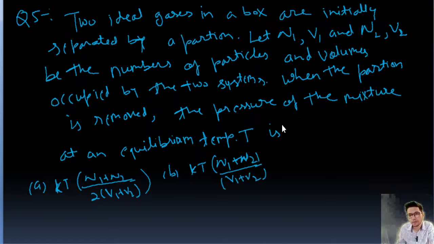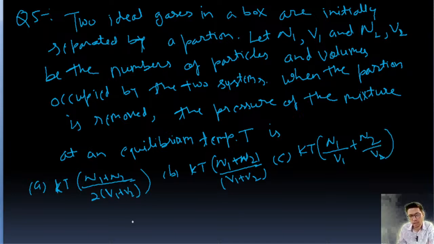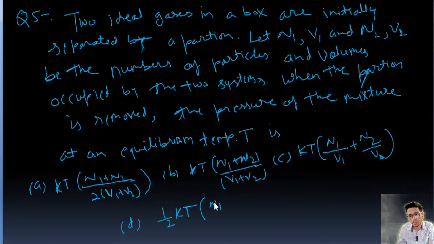Option C is KT into N1 upon V1 plus N2 upon V2, and option D is half KT into N1 V1 plus N2 V2.